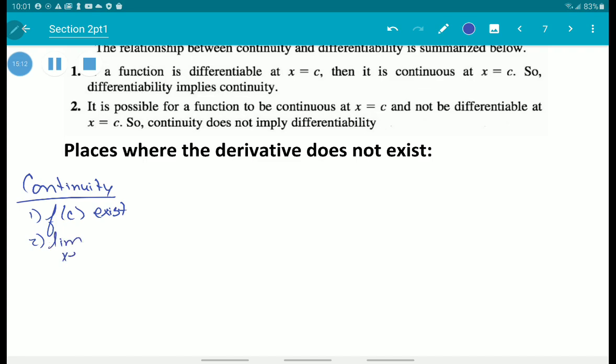The limit as x approaches c has to exist. And just for those to exist wasn't good enough. They actually had to be equal to each other. So f of c had to equal the limit as x approaches c of f of x. And this one's really the big deal, right? That third one. Because if those are equal to each other, then the other two have to happen. So that was the formal definition of continuity.